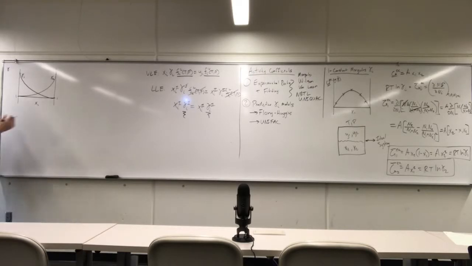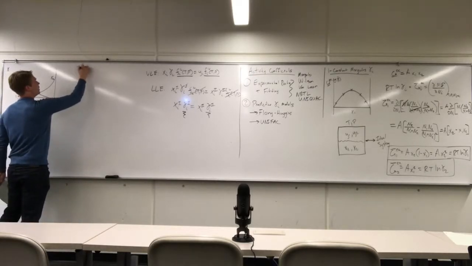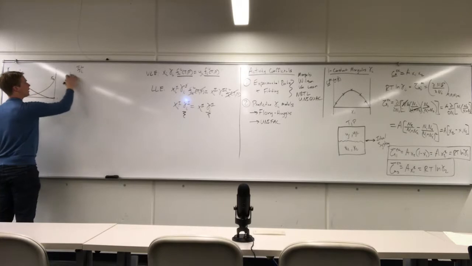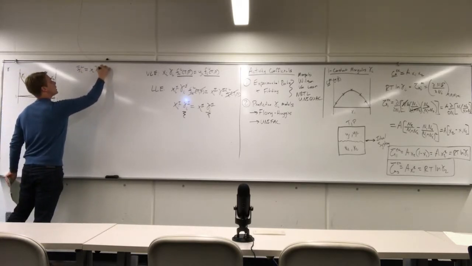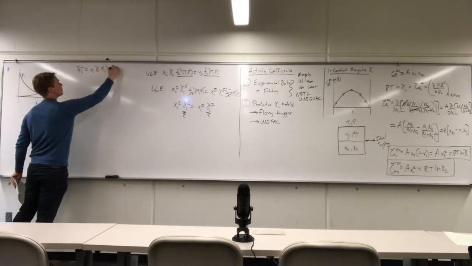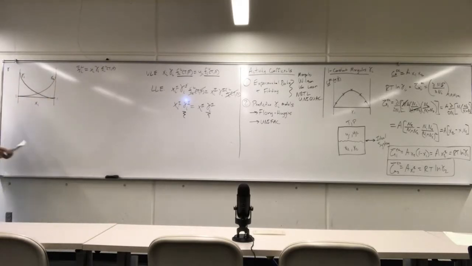So if we were to look at the vapor-liquid equilibrium, the partial fugacity of the liquid phase is going to be equal to the mole fraction, activity coefficient, times the pure species fugacity at temperature and pressure. So let's say, for example, we're looking at species 1.